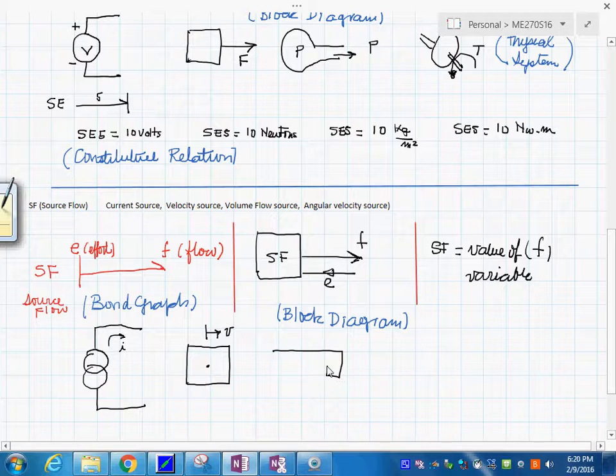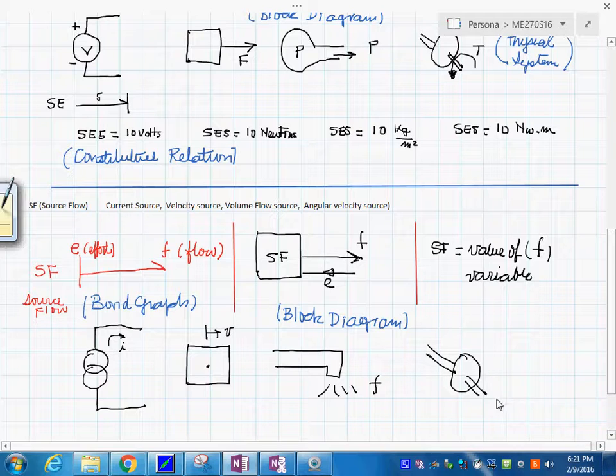And you have the constitutive relationship. You're going to say, if this, for example, is an SF9, like that, yeah? What you're doing is you're going to say that SF9 equals 10, like in this case, amps. Or if SF9 is a mechanical system, it could mean 10 meters per second.